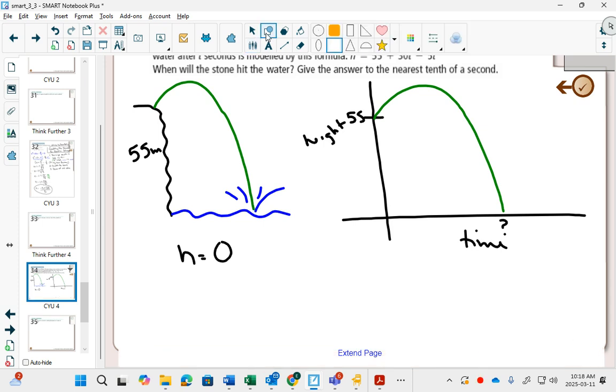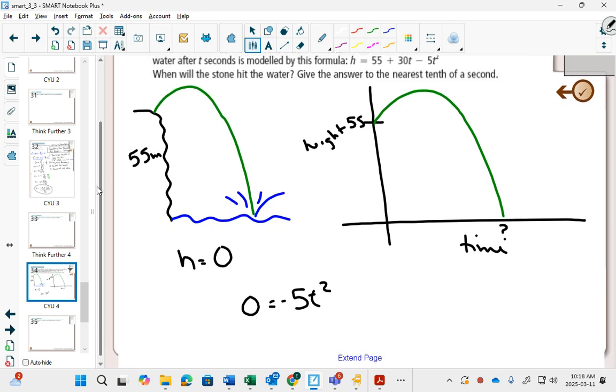We can plug in 0 for the height in that equation, and we have 0 = negative 5t squared plus 30t plus 55. And notice how I decided to rewrite it with the t squared first? Because if I have a quadratic equation, we always write t squared, then t, then the number. So I just rearranged my equation to say that.